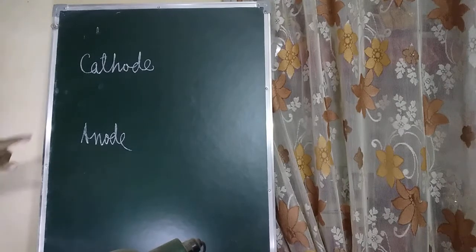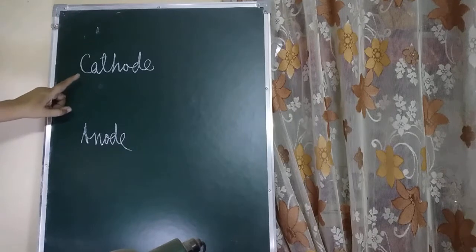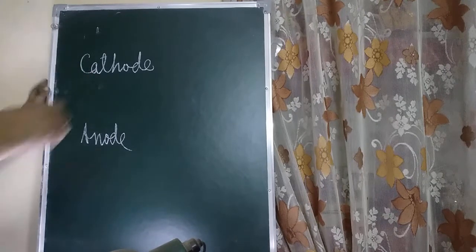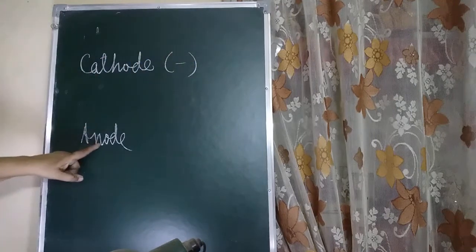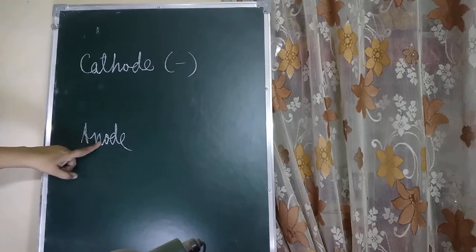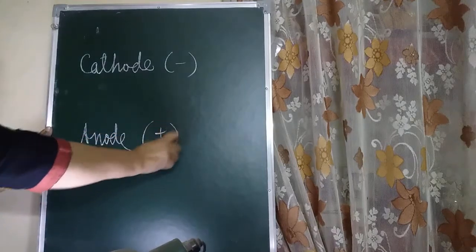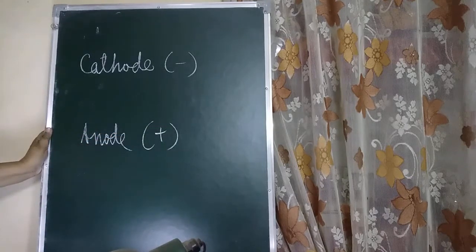The electrode connected to the negative terminal of the battery is known as cathode, and the electrode which is connected to the positive terminal of the battery is known as anode.